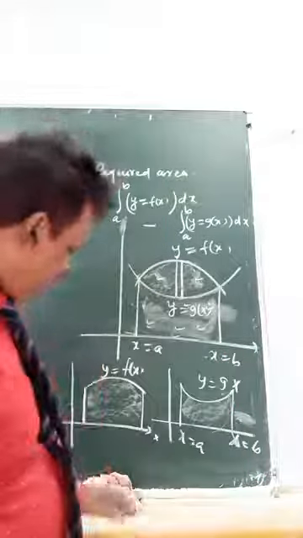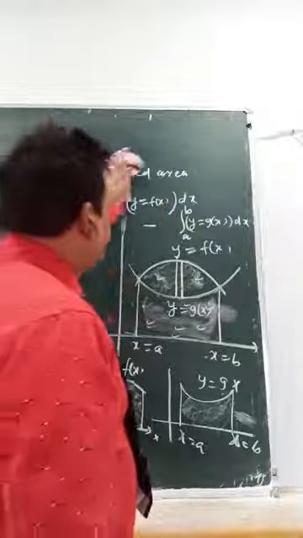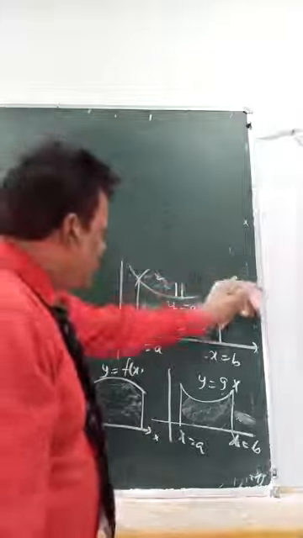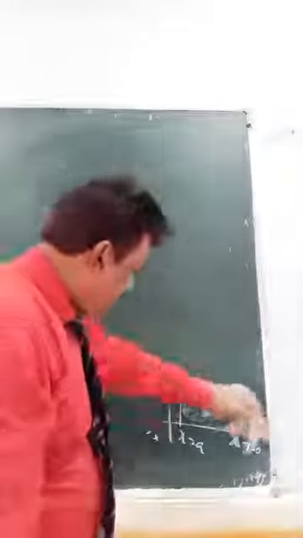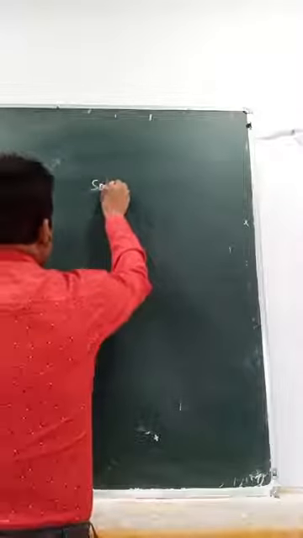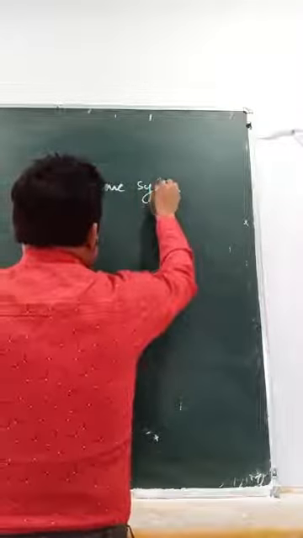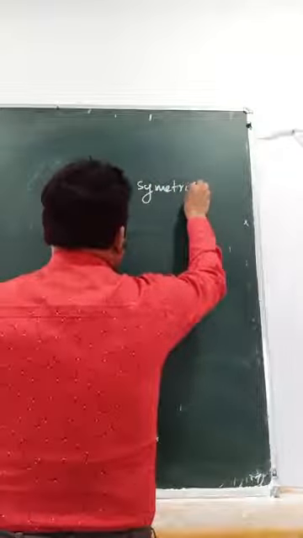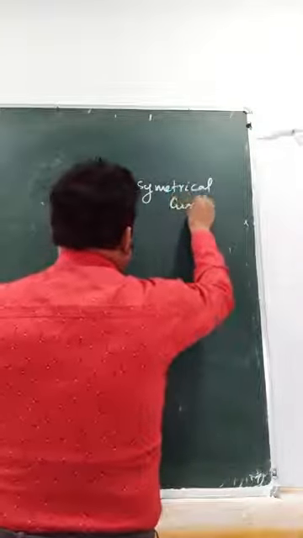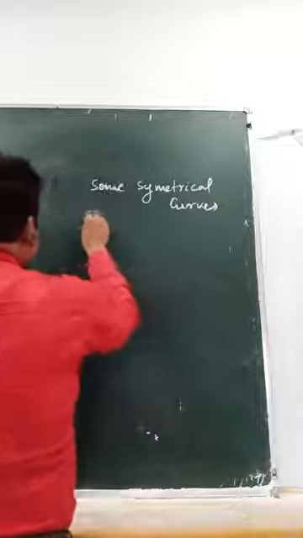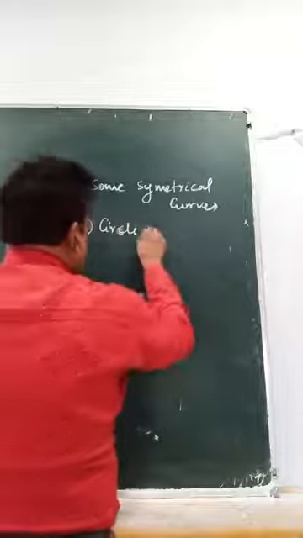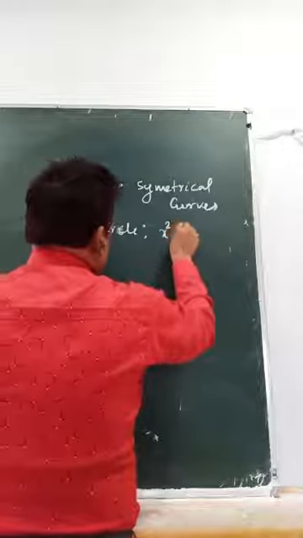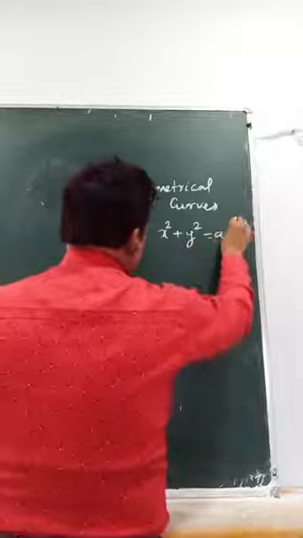Okay. Now look here. Some symmetrical curves we have to remember. First, the circle. The circle is x square plus y square equals a square.